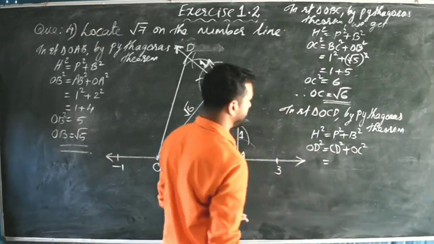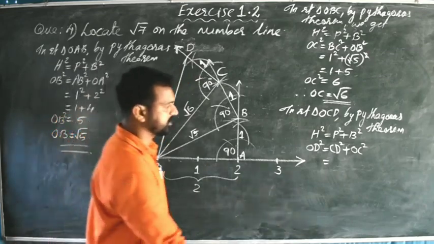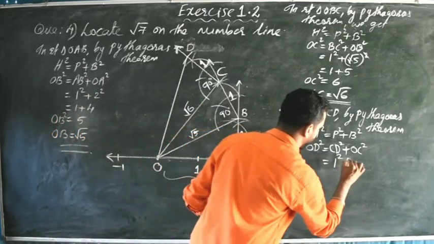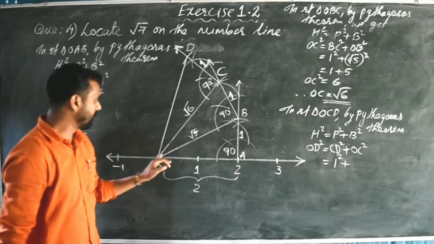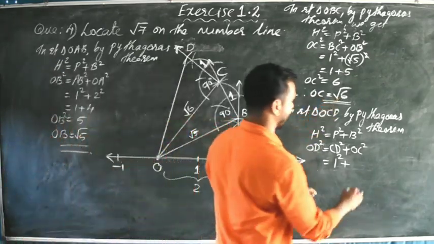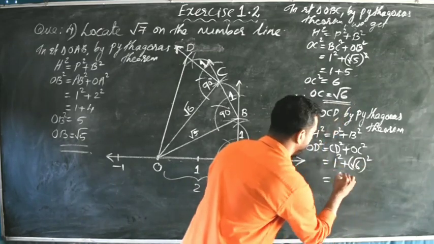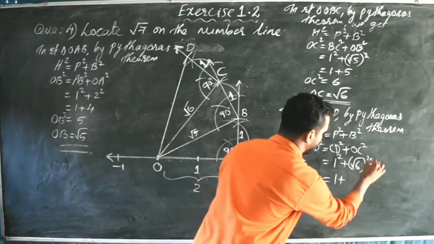That is equal to CD. What is the length of CD? CD we have marked 1 unit. So CD square it will come 1 square plus OC square. What is the length of OC? Root 6. OC is equal to root 6. OC square, that is root 6 square, is equal to 1 square plus root 6 square.